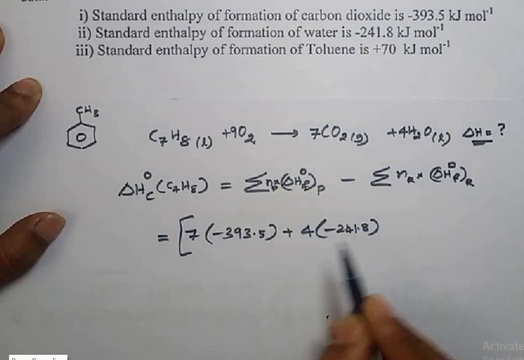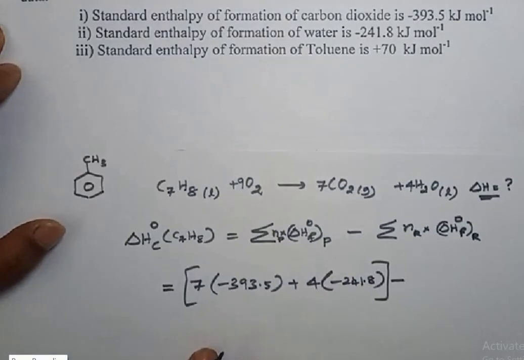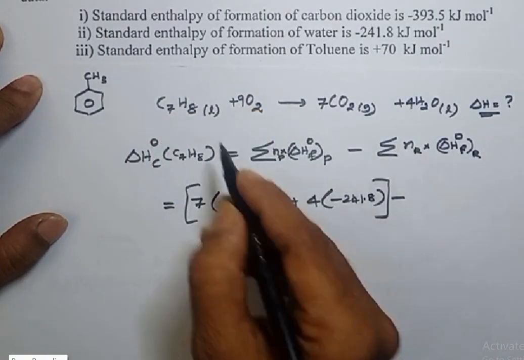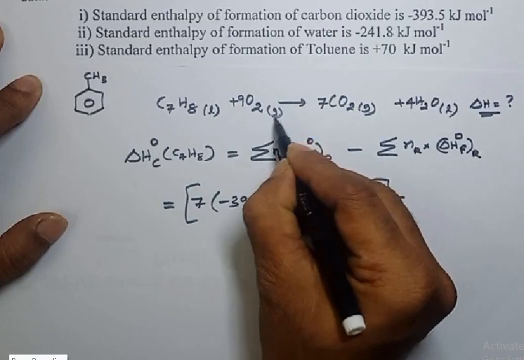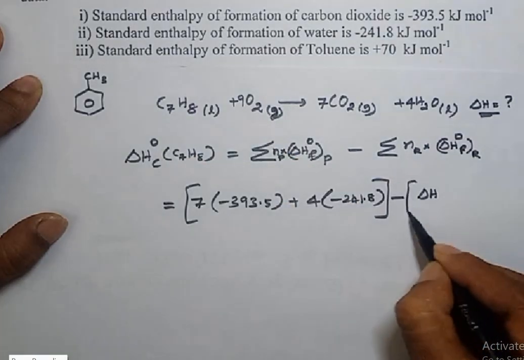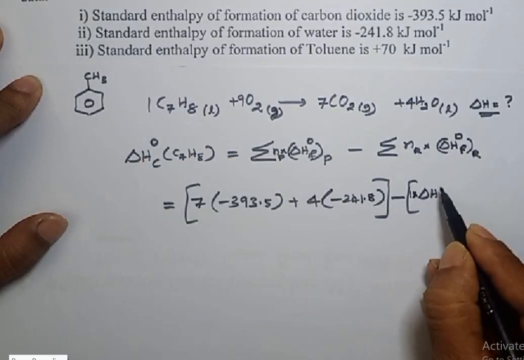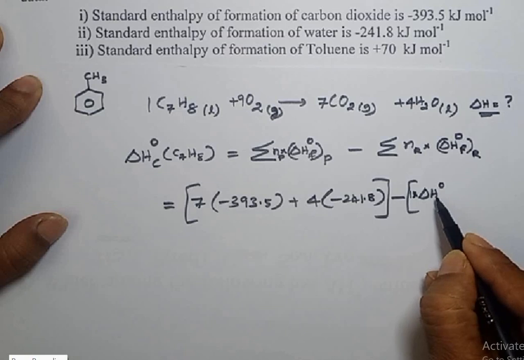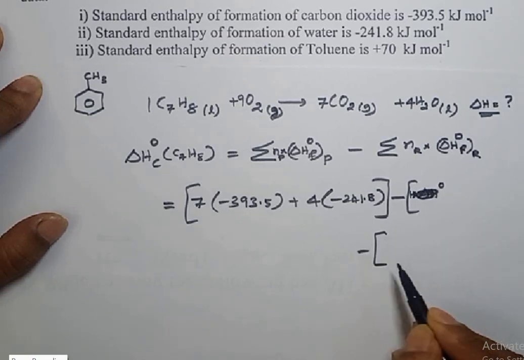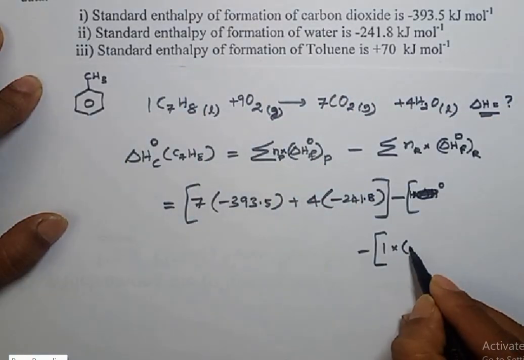Okay, so these two are for the product. Minus, if you come to the reactant side, in the reactant side, we have toluene and oxygen. Okay, oxygen is in the gaseous state. For toluene, we have only 1 mole here, so 1 into the standard enthalpy of formation of toluene, which is given, which is plus 70.